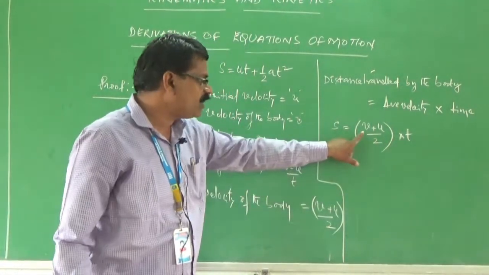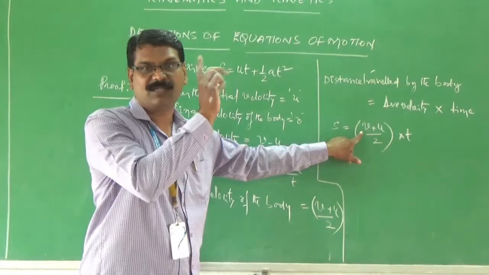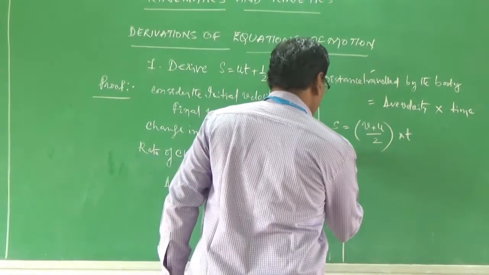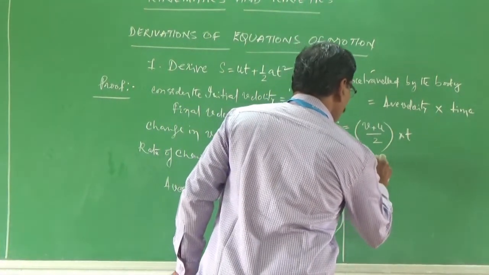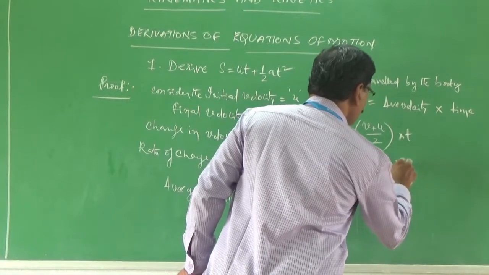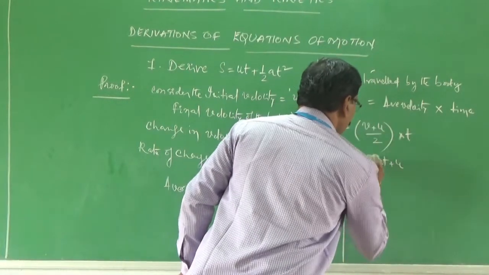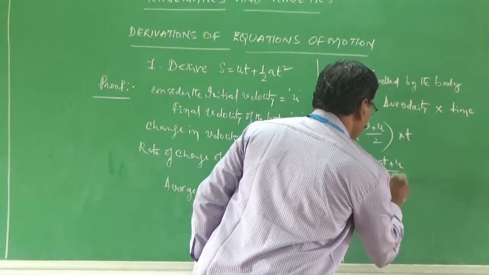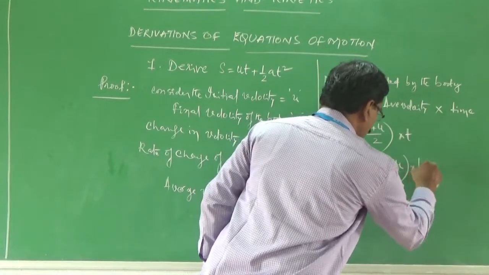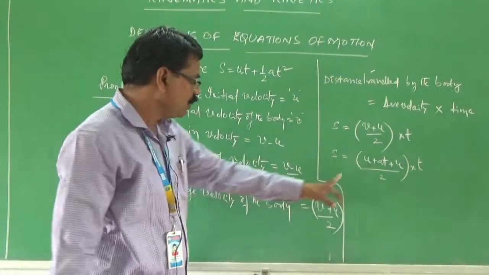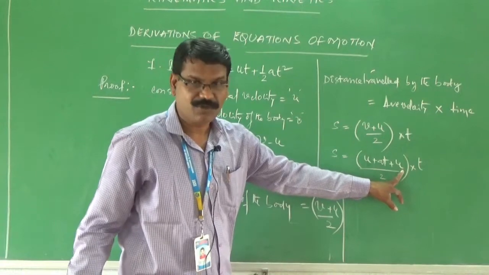In place of v, we know that v is equal to u plus at from equation 1. So I could change it like this. S is equal to (u plus at plus u) by 2 into t. After simplifying this, u plus u is equal to how much? 2u.